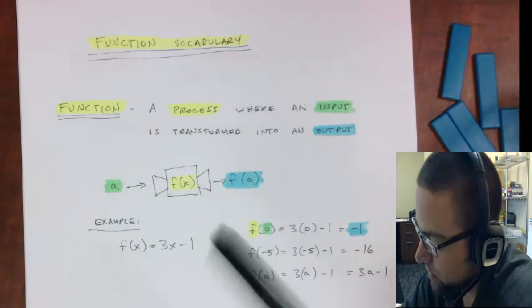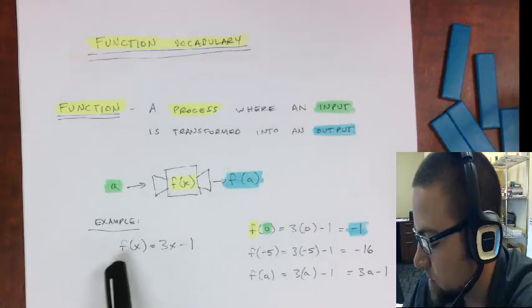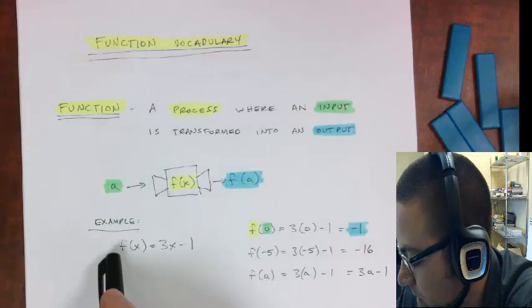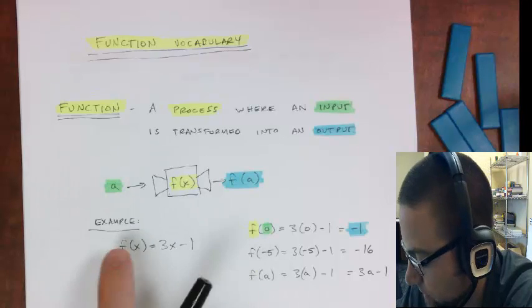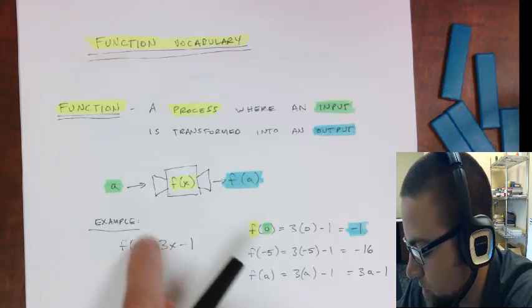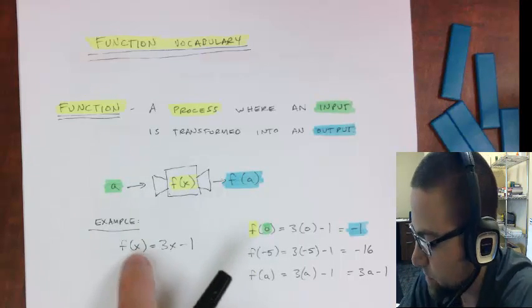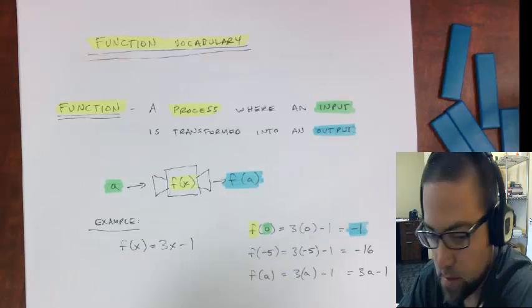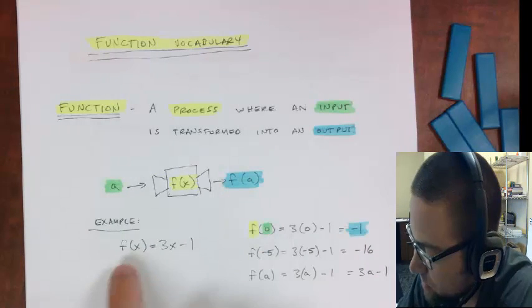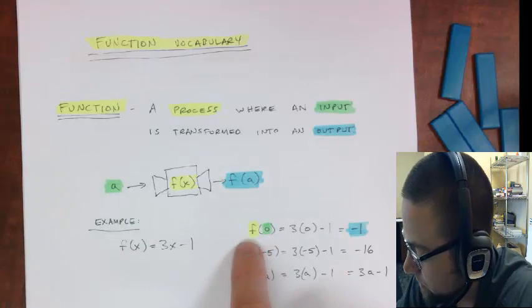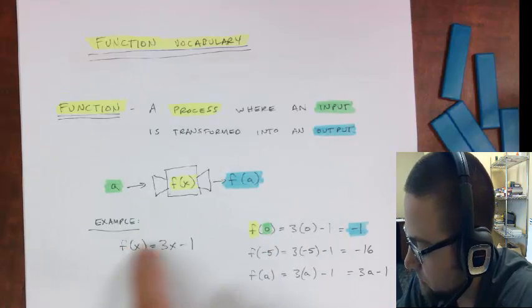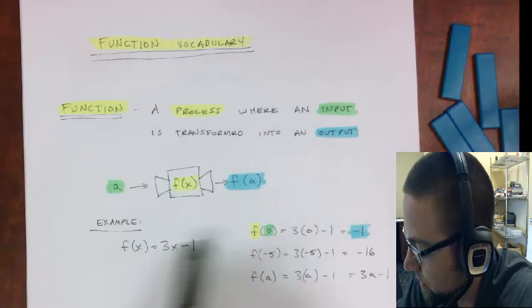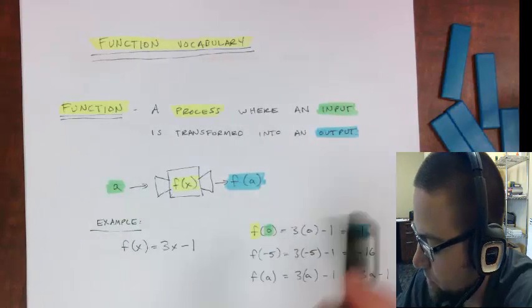So a function example would be something like this. The way we say this is f of x. This is the function f, and it's in terms of x, which is going to be our placeholder that we're going to plug something into. In this example, if we plug 0 in for x, we plug in 0 wherever we see an x in the original function.